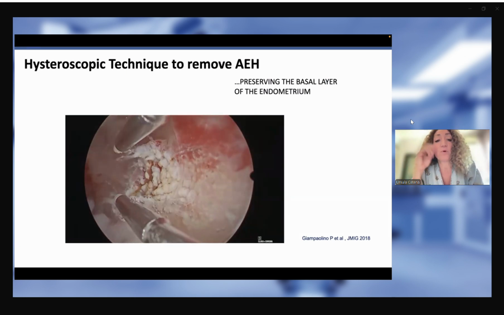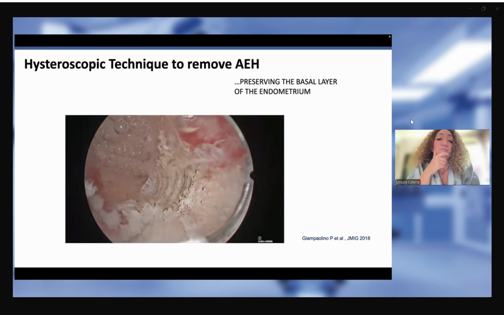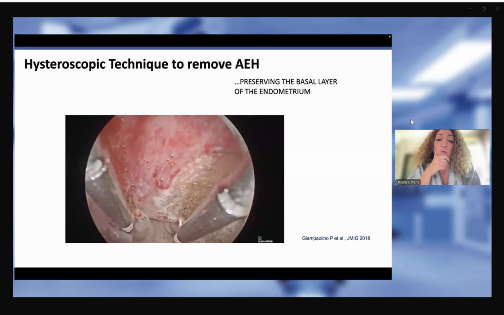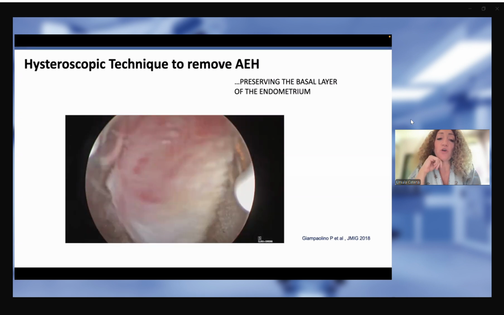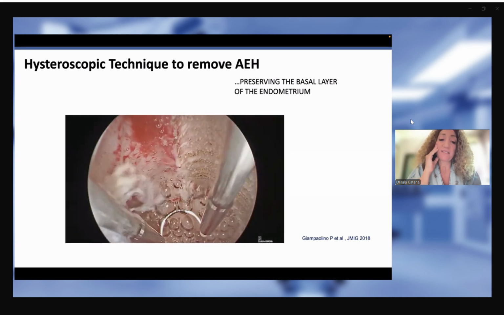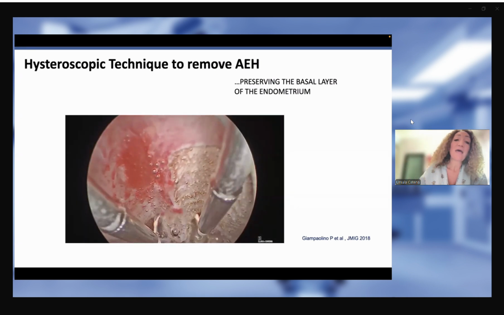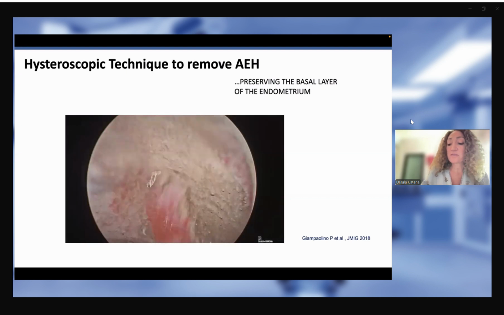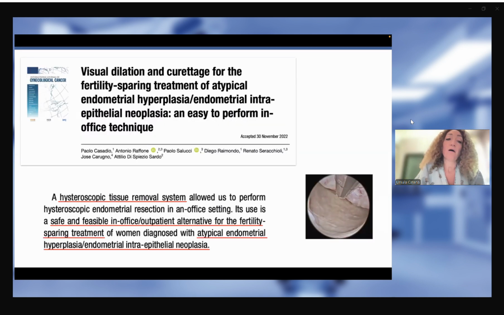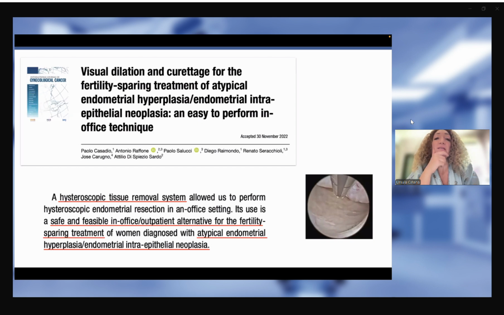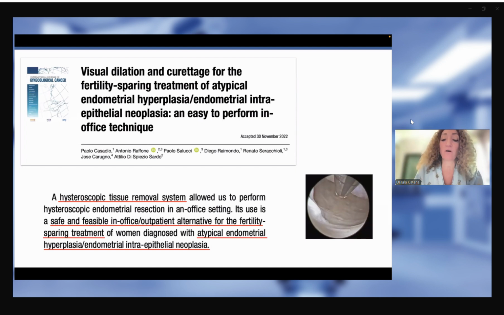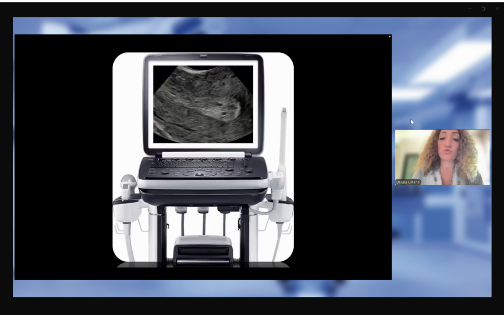At that time, we used energy to do this job, and you see these small dots that are the bases of the glands. This is interesting because it gave Paolo Casadio the idea to describe what we now call visual D&C, the use of a tissue removal device to treat atypical endometrial hyperplasia.